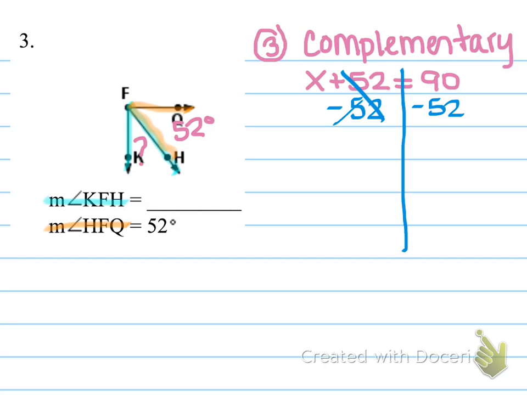The 52s cancel out, so I bring down x equals, and 90 minus 52 would be, sorry, I forgot to borrow, 38, not 48. So our missing angle is 38 degrees.